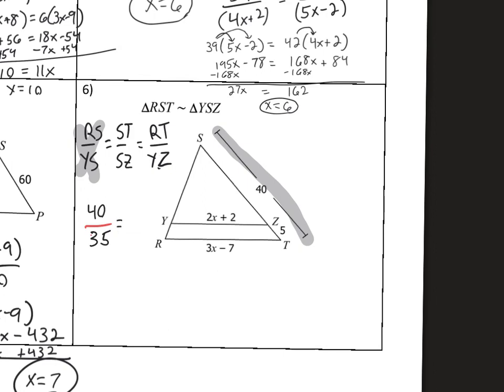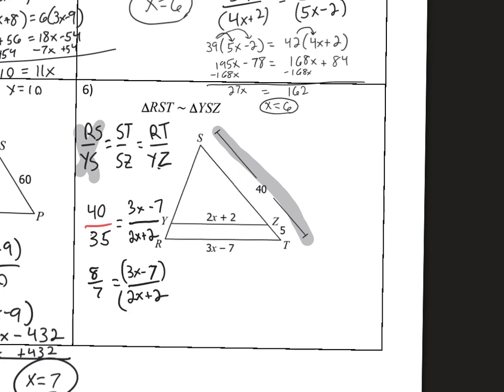And then we have RT, which is 3x minus 7, and YZ, which is 2x plus 2. And we should be able to reduce the left-hand side here. 40 over 35 reduces to 8 over 7 if you divide it by 5. That keeps our numbers a little bit smaller.